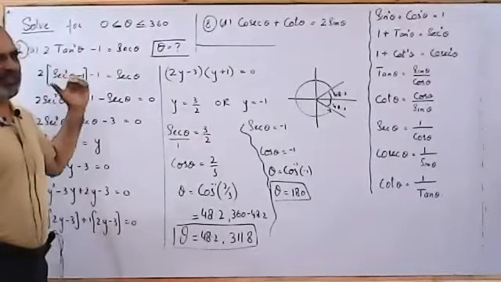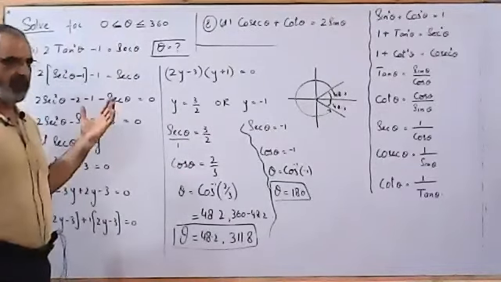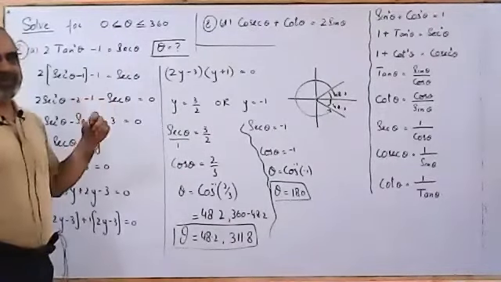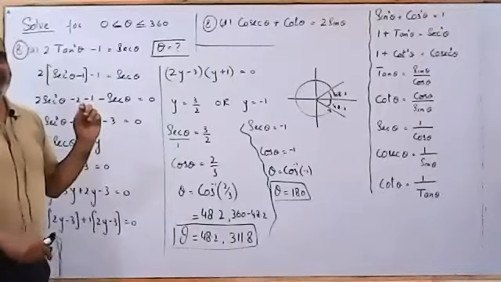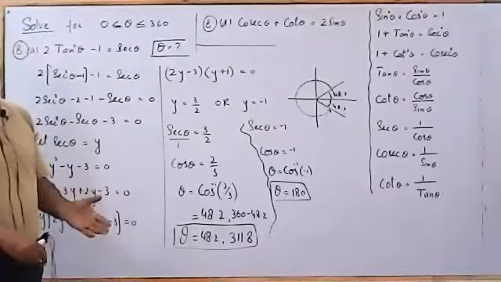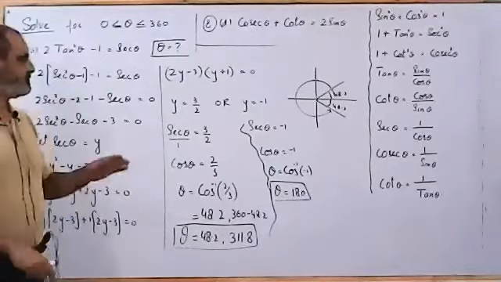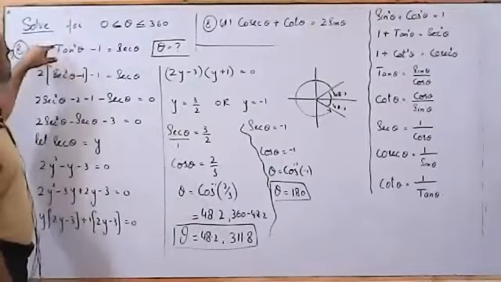Either I change tan, secant into sine, cos, and then accordingly I need a single trigonometric ratio in the equation, either all sines, all cos, all tans. So what I did, I changed tan square using the second identity, 1 plus tan square is equal to secant square.